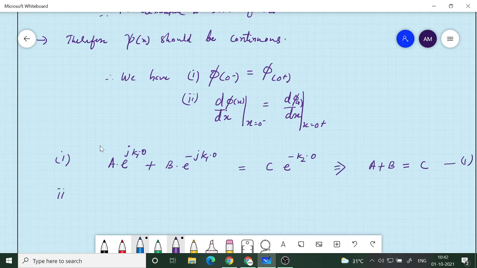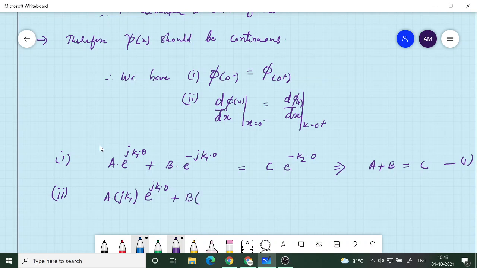Then the second one: I have to first take the derivative, and then put x equal to 0.